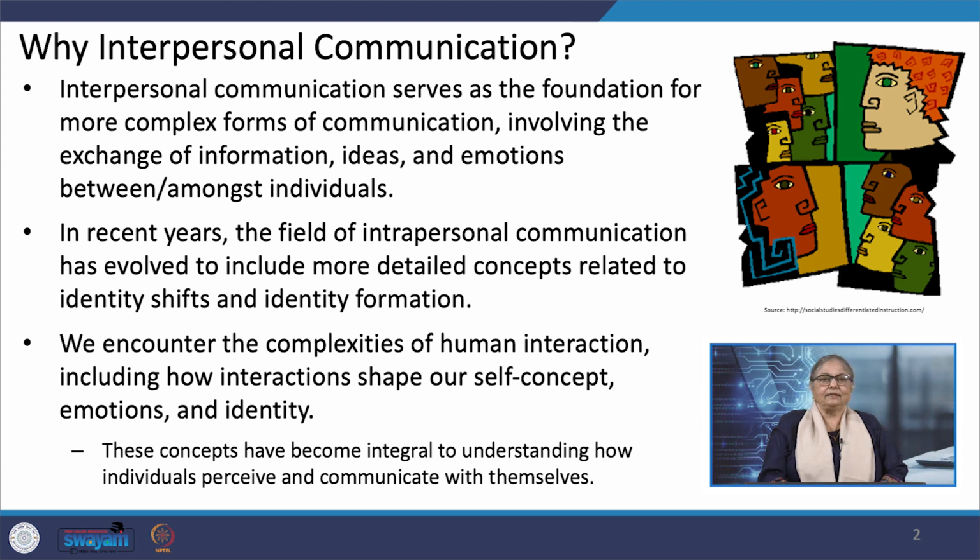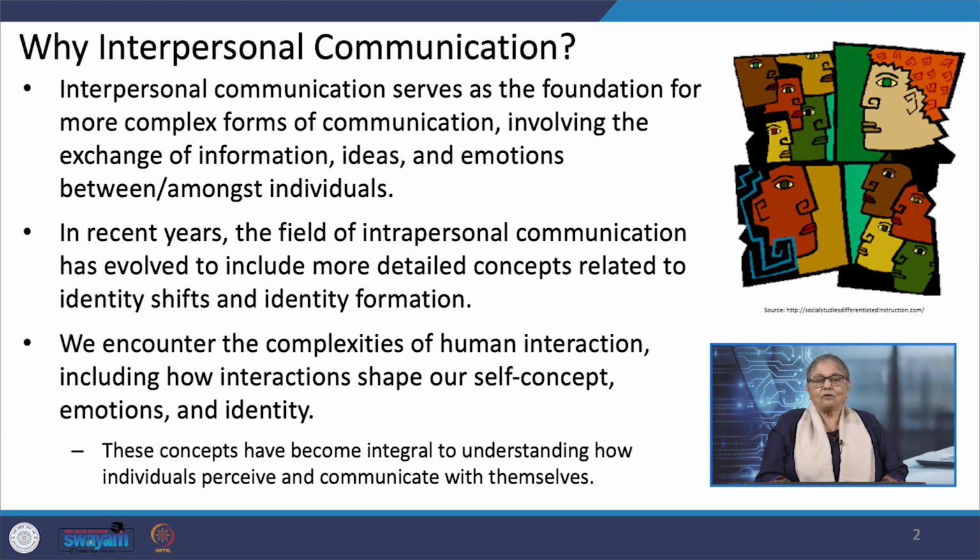We also find that in recent years, the field of intrapersonal communication has evolved to include more detailed concepts related to identity shifts and identity formation. It has developed intrapersonal communication into more porous boundaries, and therefore an understanding of issues related with interpersonal communication would prepare us better to understand these intricacies of intrapersonal communication in today's digital mediums.